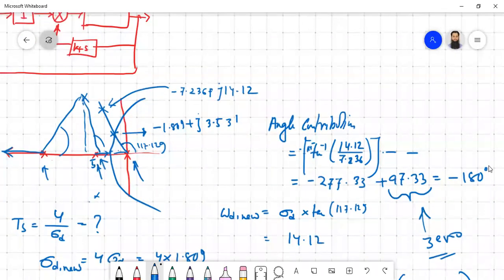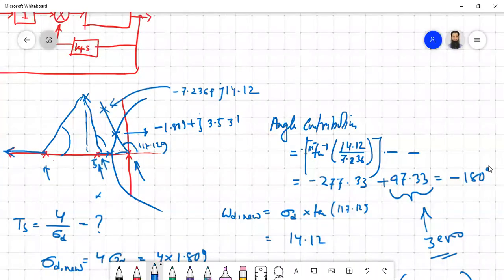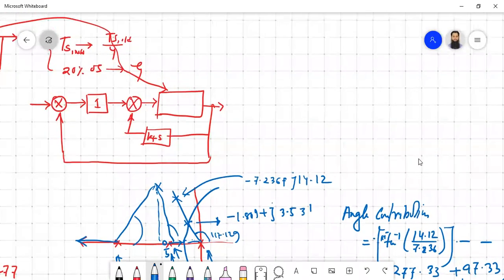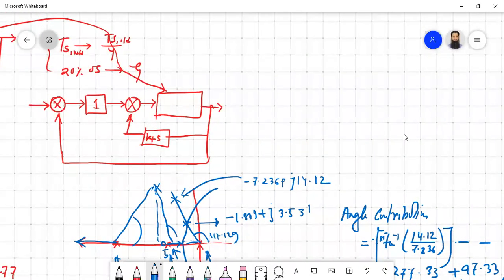So we have to have a zero somewhere here. Now for the rate control system, from this diagram we have to figure out the equivalent of it. We already figured out the location.